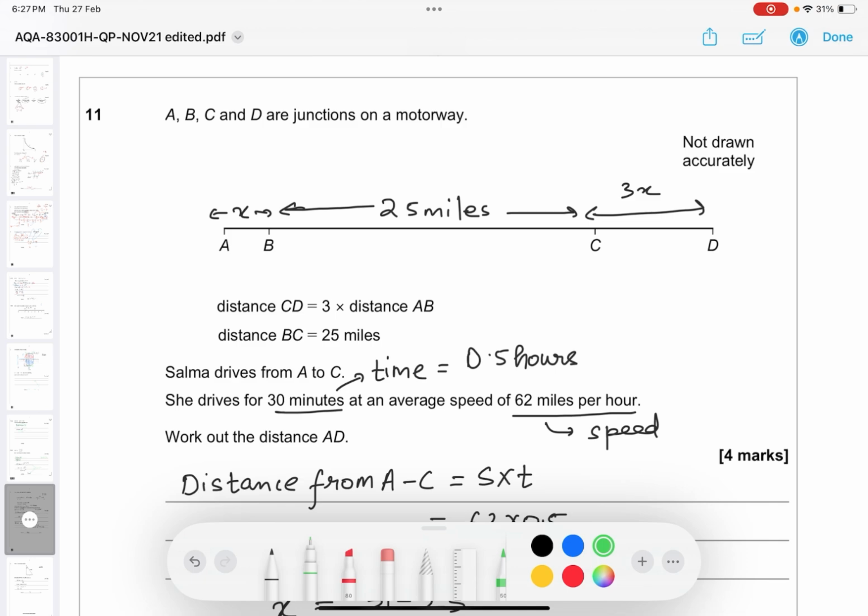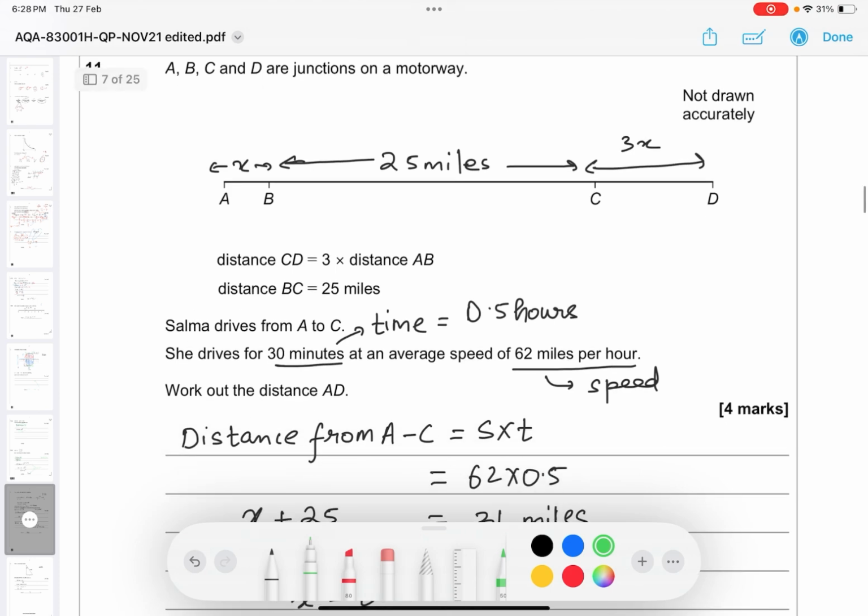Now, learners, let's see this question. A, B, C and D are junctions on a motorway. Alright, distance CD equals 3 times AB. Distance BC equals 25 miles. Salma drives from A to C. She drives for 30 minutes at an average speed of 62 miles per hour. Work out the distance AD.